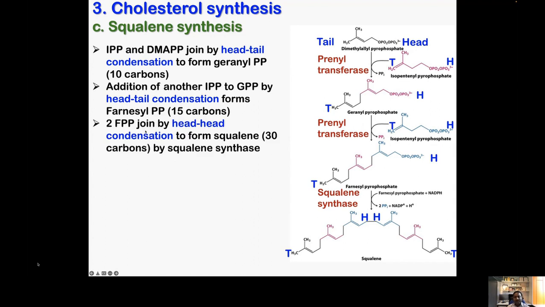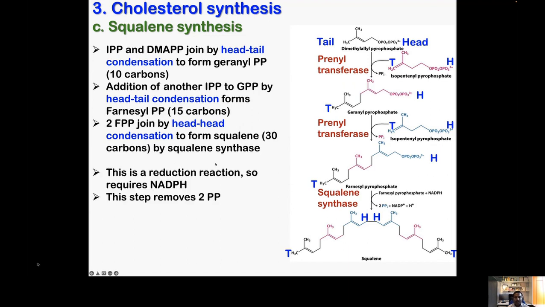So finally 2 FPP molecules, each one containing 15 carbon now. Remember this FPP will contain 15 carbon because 5 here and another 5 here, so totally a 15 carbon molecule. So finally it's producing squalene, which is basically head to head condensation.